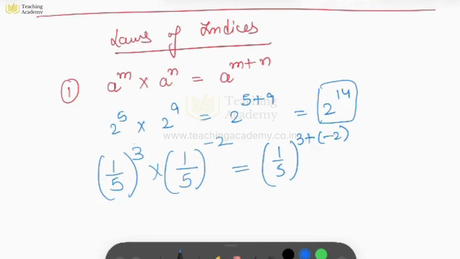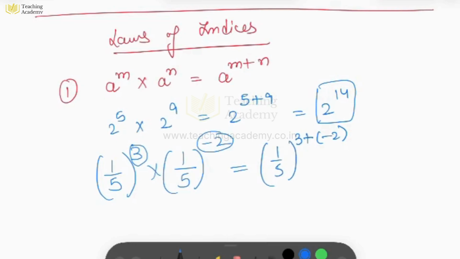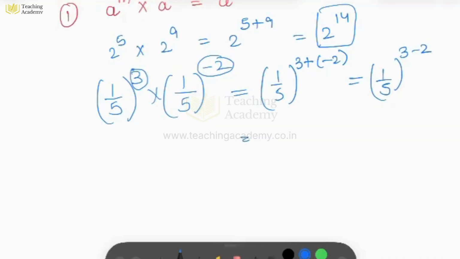Because here the indices are 3 and negative 2. So according to the law, I'm using it with an addition sign. So that means my answer is 1 over 5 to the power 3 minus 2, that makes it 1 over 5 to the power 1. So 1 is basically a single power, so we don't need to show it in the brackets. You can open it up and leave your answer here.